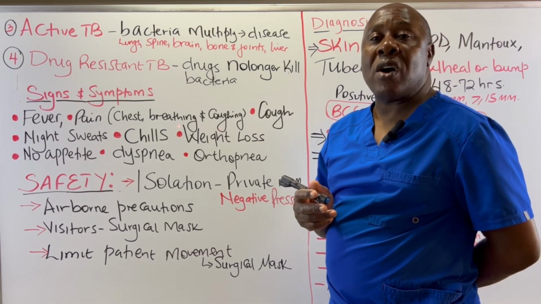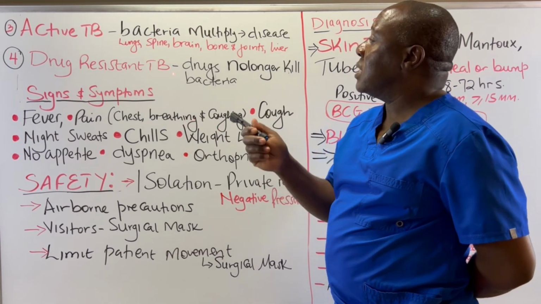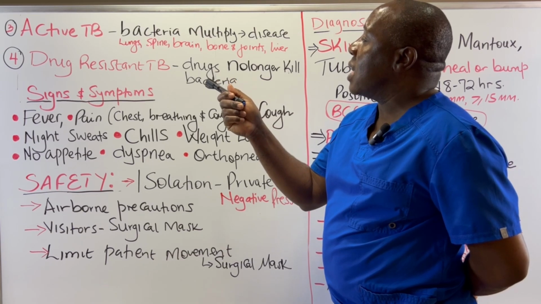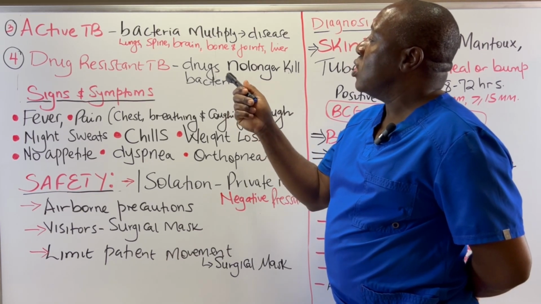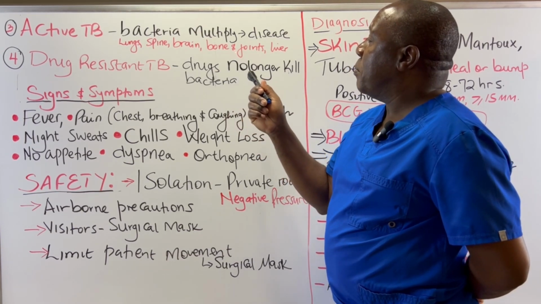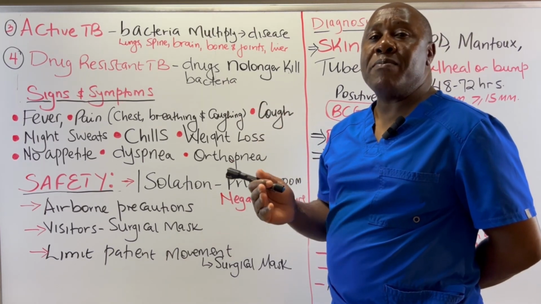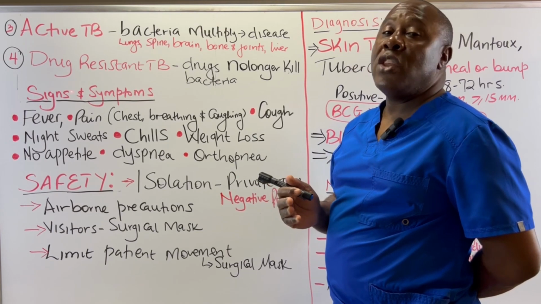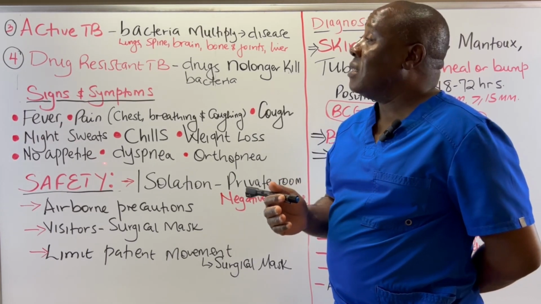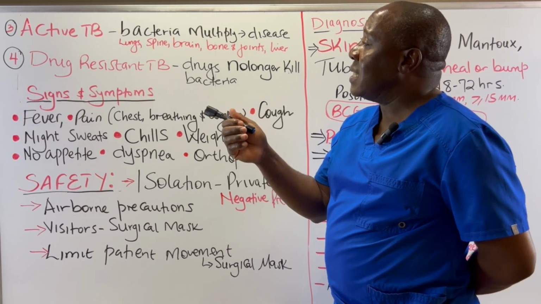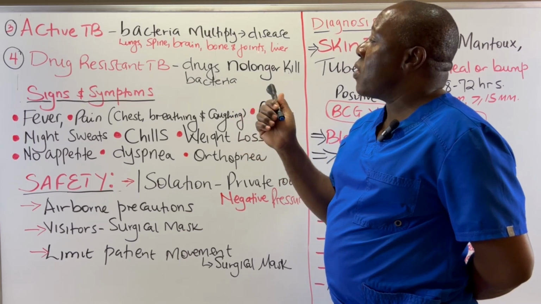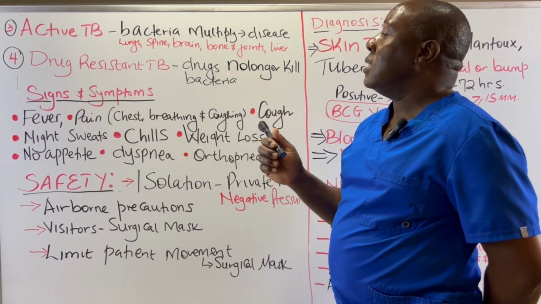That is extrapulmonary TB. For example, this bacteria can spread to the spine, to the brain, to the bone and joints, to the liver, to the kidneys, to the heart muscles, and cause disease in those particular areas. So active TB is when the bacteria multiplies and spreads in the body, causing disease.